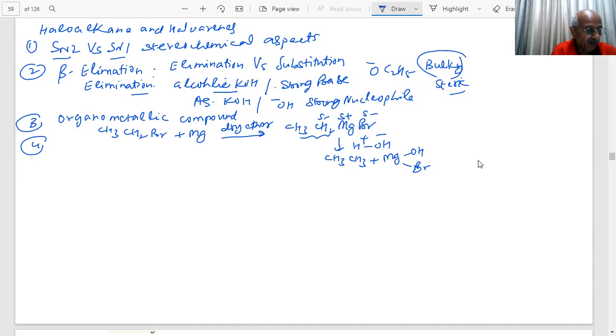The important point is that a question was there: convert chlorobenzene into phenol. How will you do this reaction, students? Convert chlorobenzene to phenol.